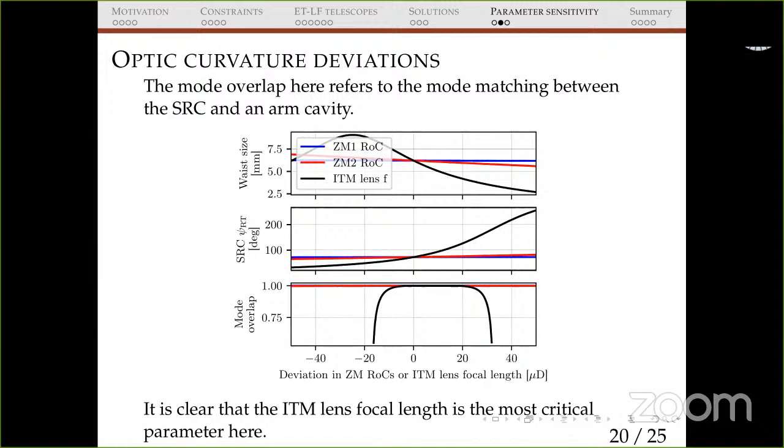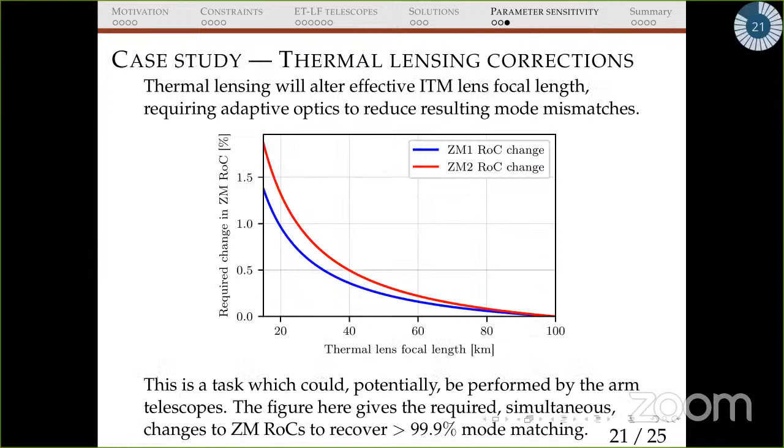Based on that, we just did an initial optimization analysis on the arm to signal recycling cavity mode matching, for the case where there's a thermal lens present in the ITM. This thermal lens will alter the effective ITM lens focal length.